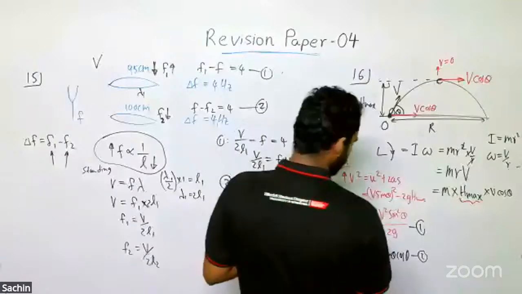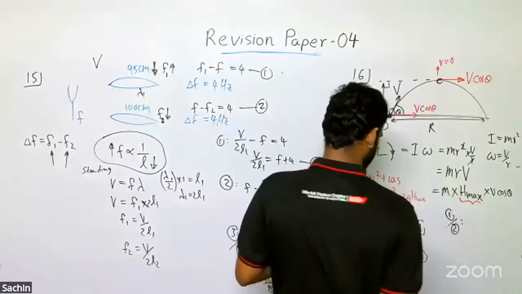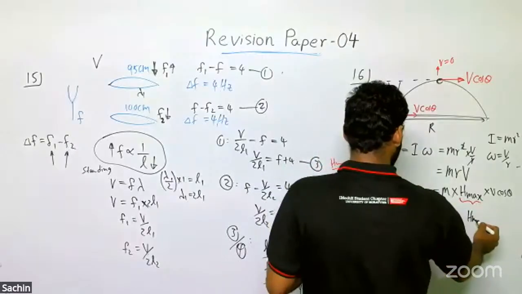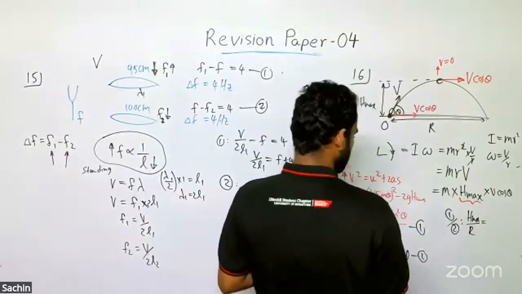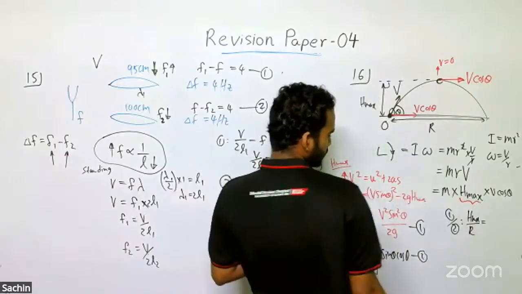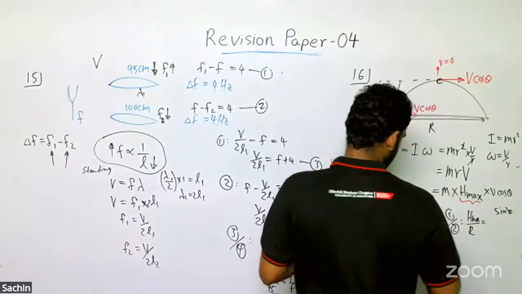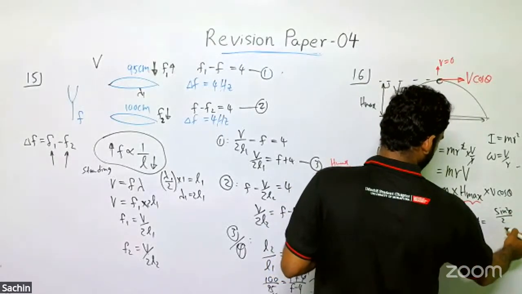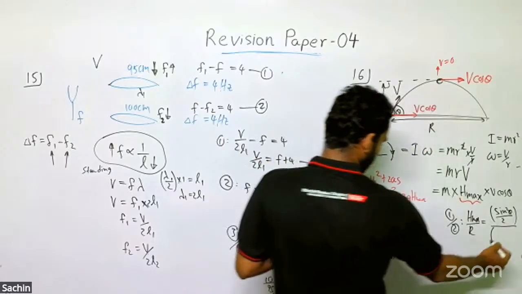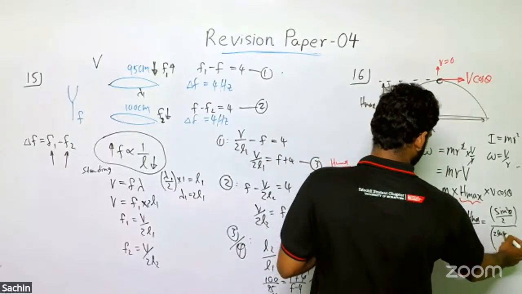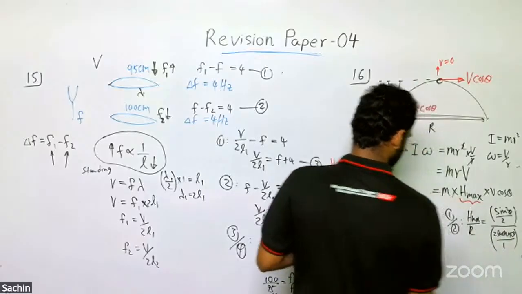So if I divide these two, H max over R, the v squared over g term gets cancelled. Sin squared over 2 will be there in the numerator, and here it will be 2 sin theta cos theta over 1.